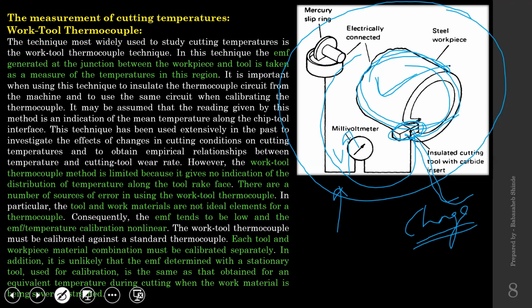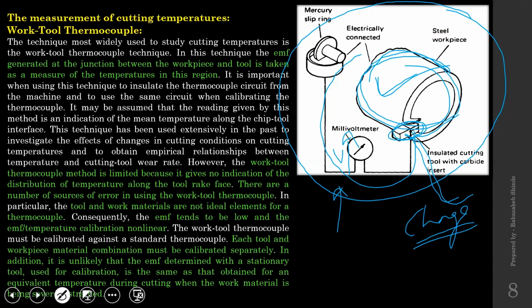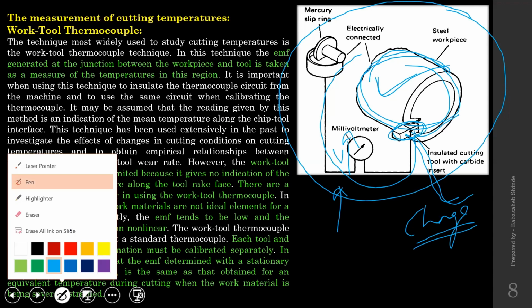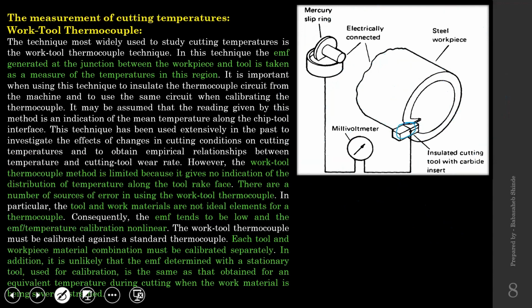usually in a thermocouple we take wires of two dissimilar metals, but here instead of taking wires, we have taken the cutting tool as well as the workpiece, and those two we have connected into the electrical circuit. But this cutting tool and workpiece are not considered ideal materials for a thermocouple.